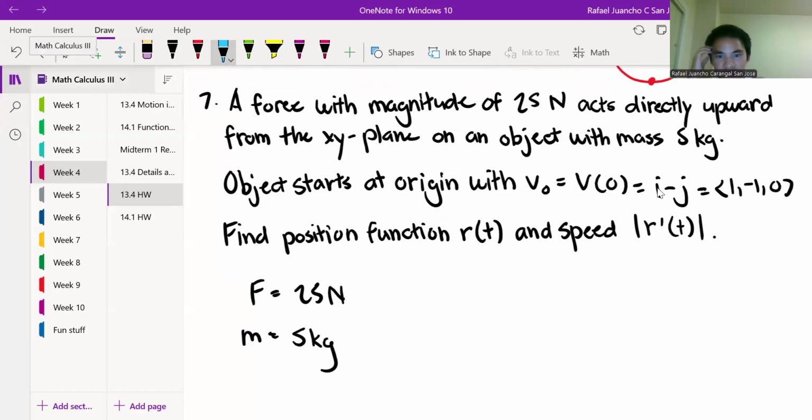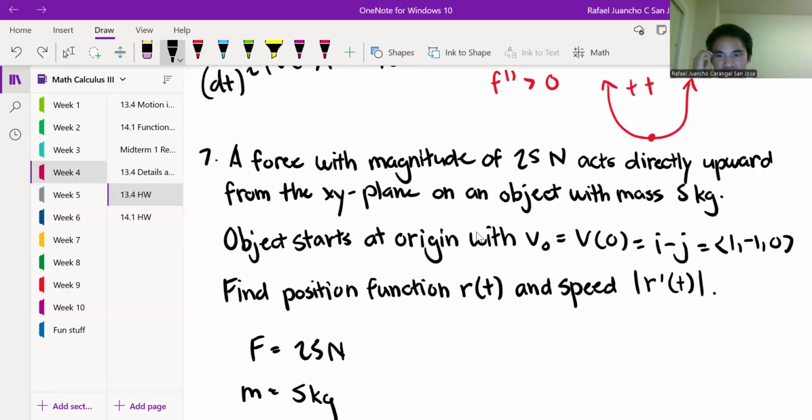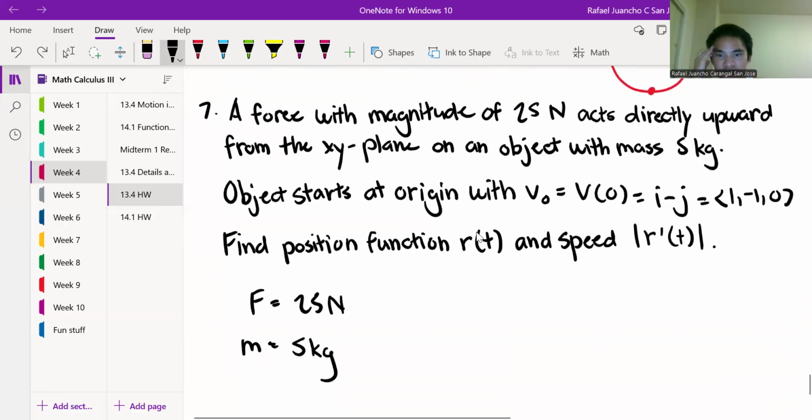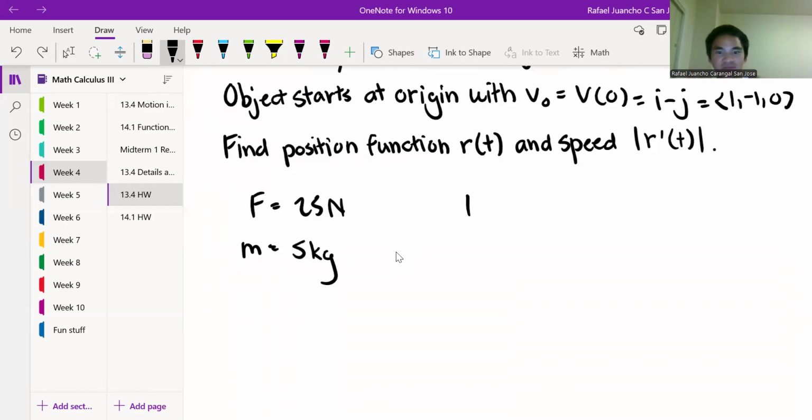Well, I guess one way we can do this is to find its actual force vector, right? So here we're saying that force is a vector. What else can I say about it? I can also find its acceleration, right? Because force is equal to mass times acceleration according to Newton's second law.